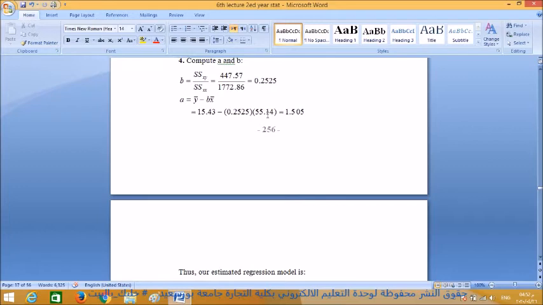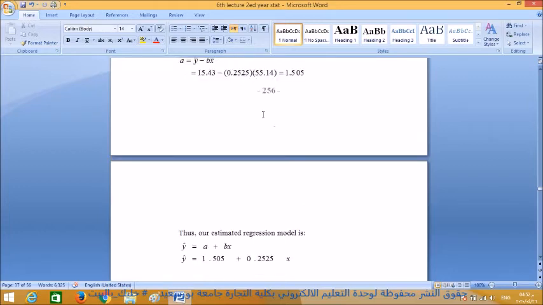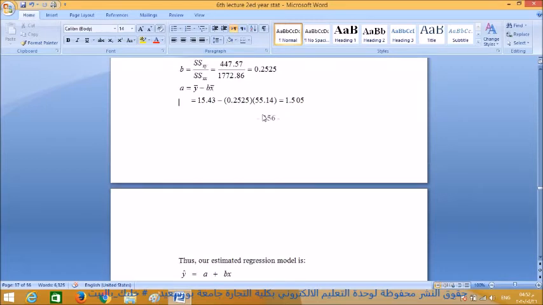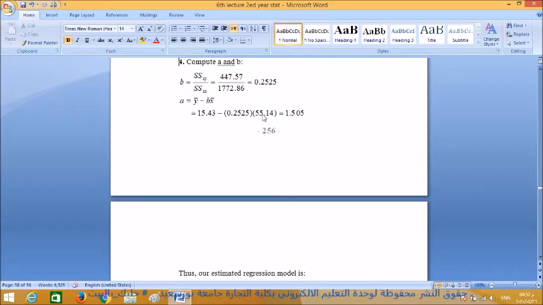And when X equals... here we said that A equals 1.5. So this is X bar, this is B, and this is Y bar.